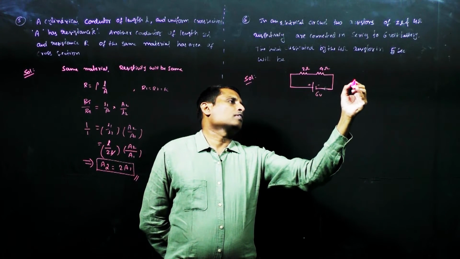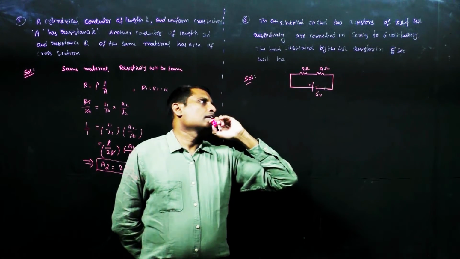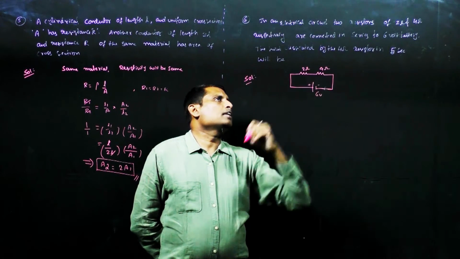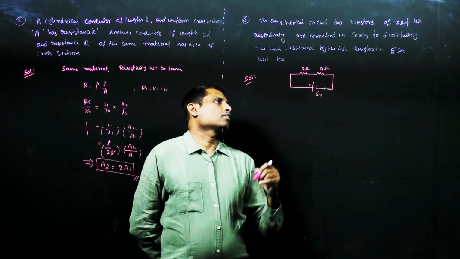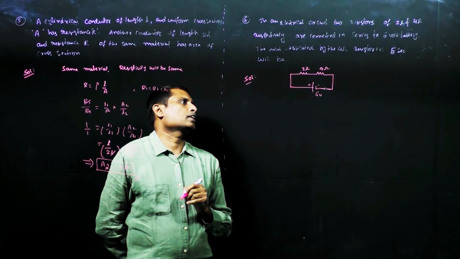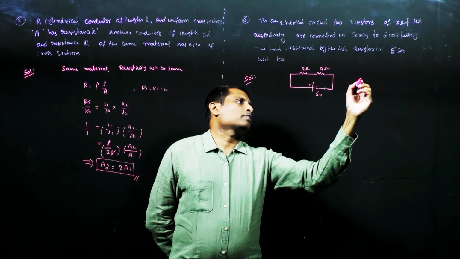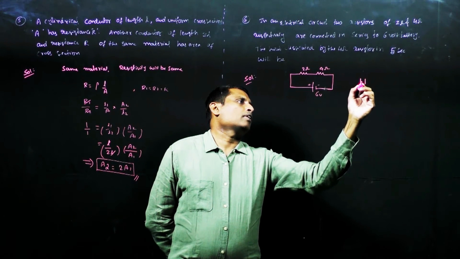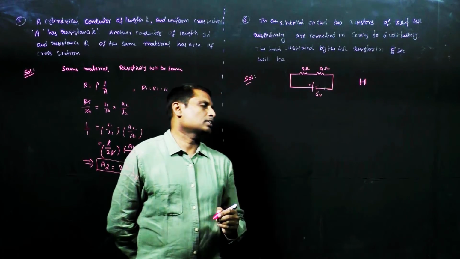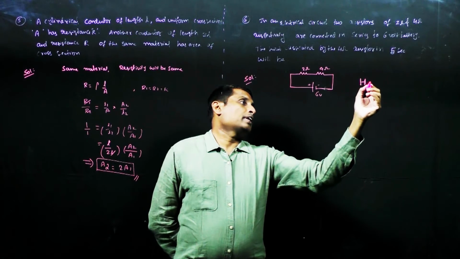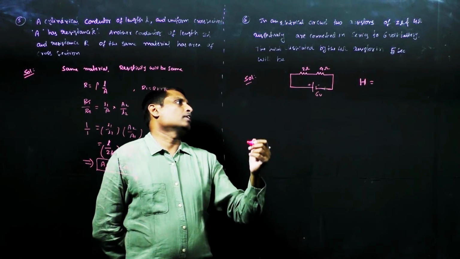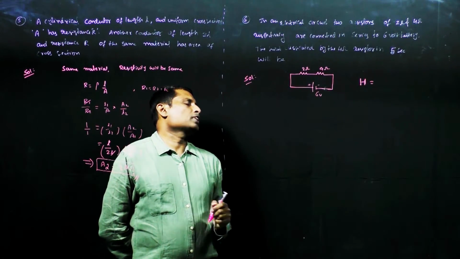We have to find the heat dissipated by the 4 ohms resistor in 5 seconds. So we have to find the value of H dissipated in 4 ohms resistor.